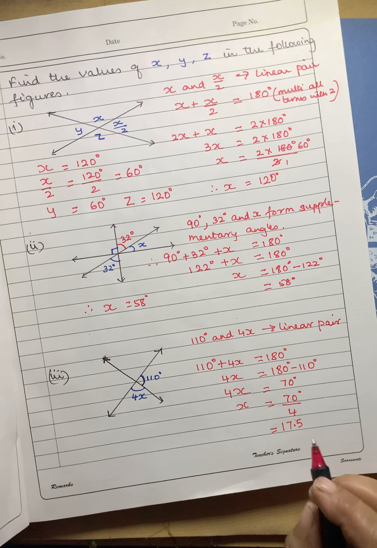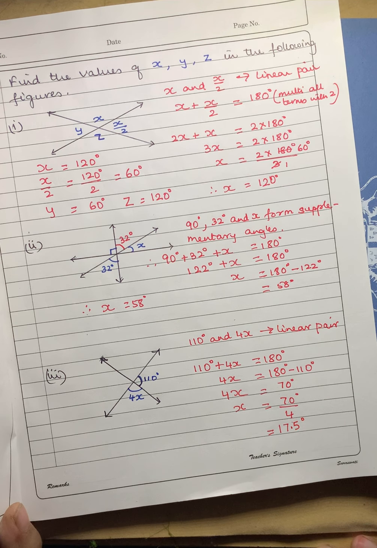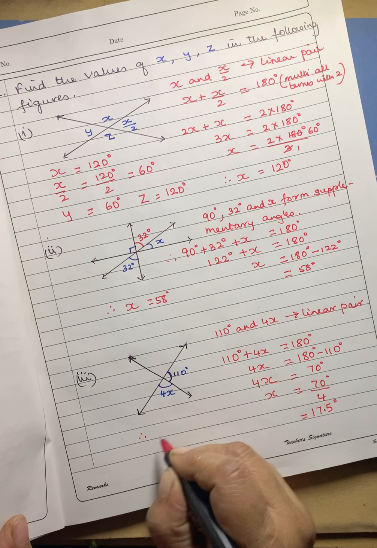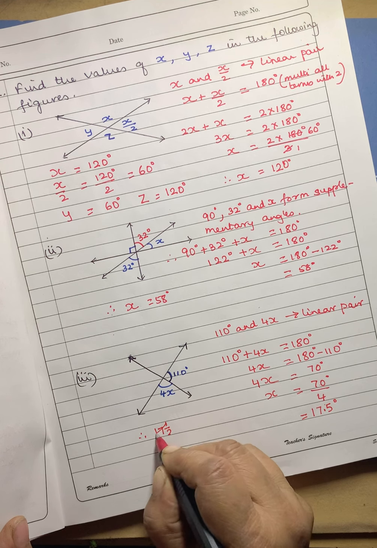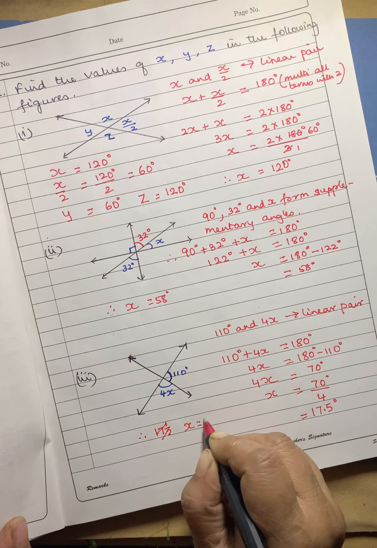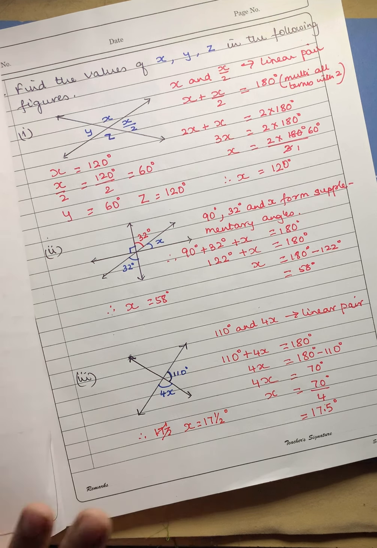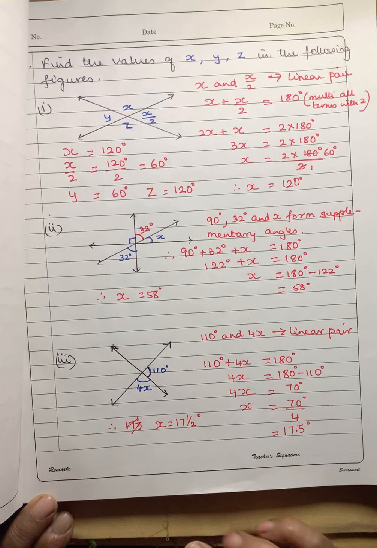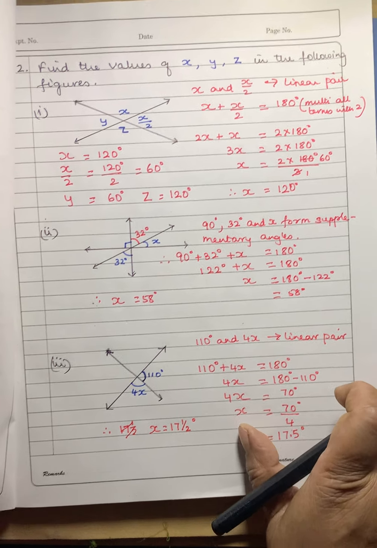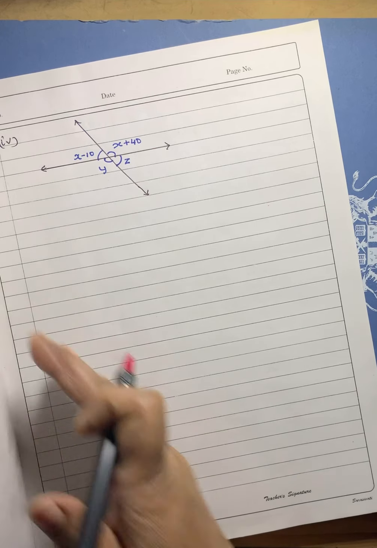Anyway, x is equal to 17.5 degrees, okay? Therefore, you can write it as 17 and a half. x is equal to 17 and a half degrees. It doesn't matter, because when we are multiplying it, we are getting the answer in decimal or in a fraction. Right, we have one more sum. We'll complete that, and then that's it for today.